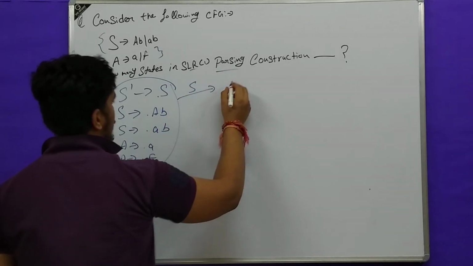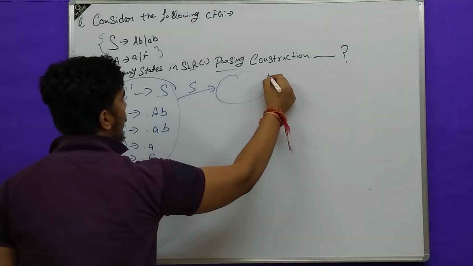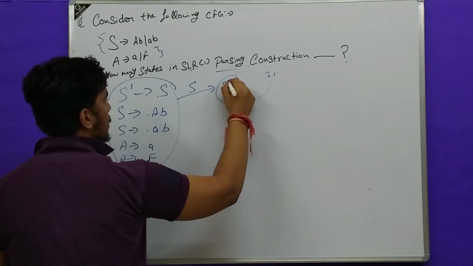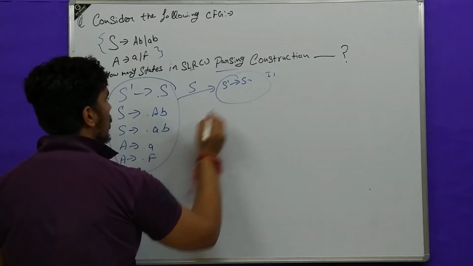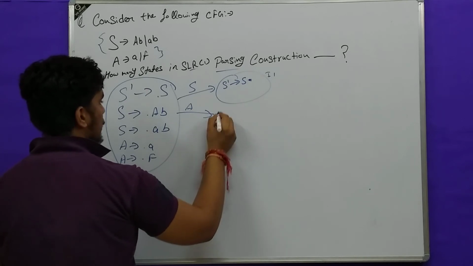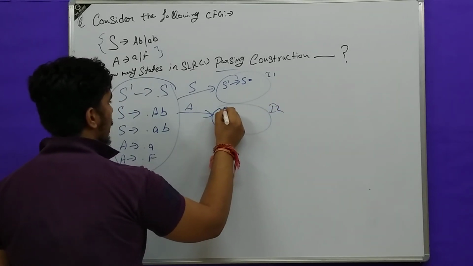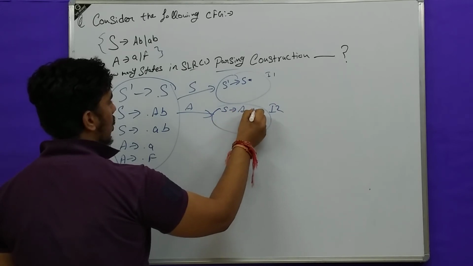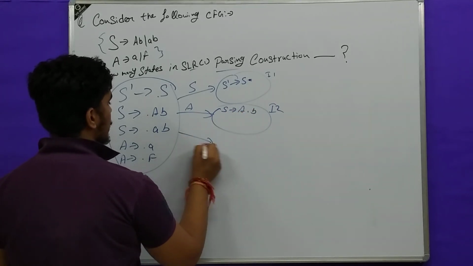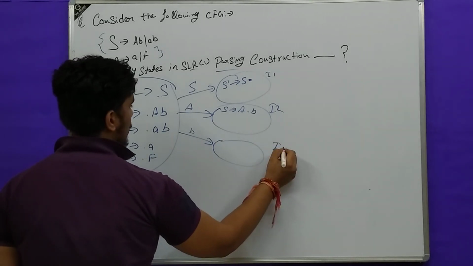After that, there is a transition from I0 to I1 for S dash goes to S dot. It is completed. After that, there is a transition from I0 to I2 for A, S goes to A dot B.